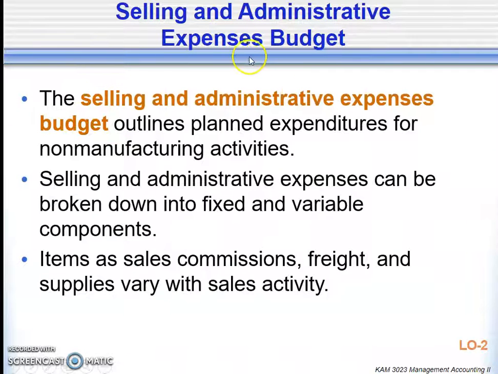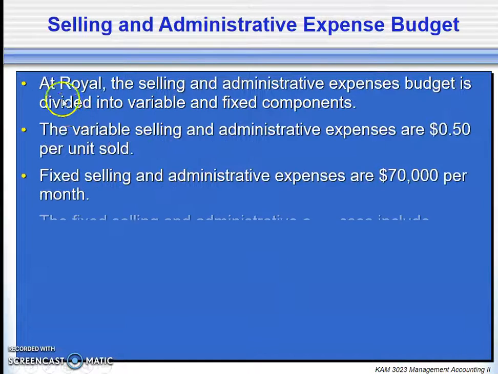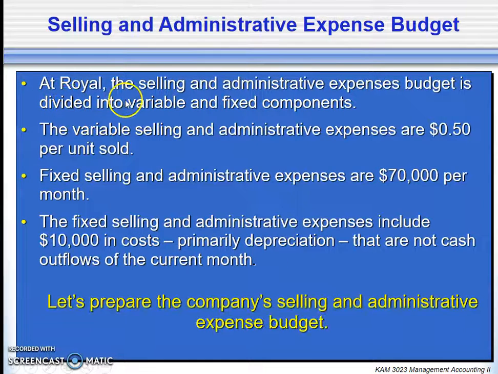Selling and administrative expenses budget. The selling and administrative expenses budget outlines planned expenditures for non-manufacturing activities. Selling and administrative expenses can be broken down into fixed and variable components. Items such as sales commission, freight, and supplies vary with sales activity. In the example at Royal, the budget is divided into variable and fixed components.